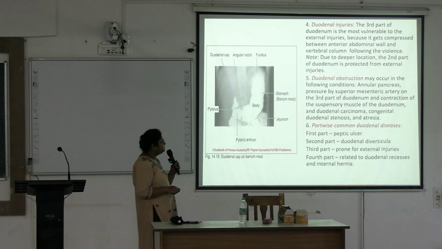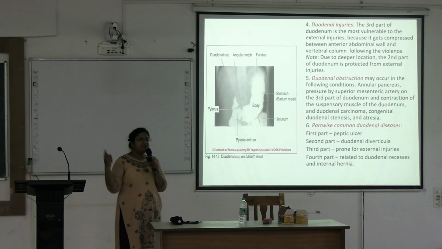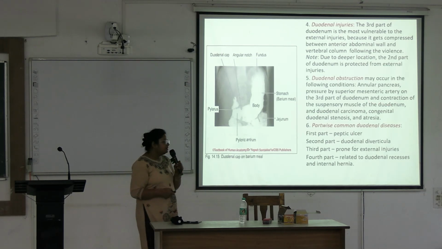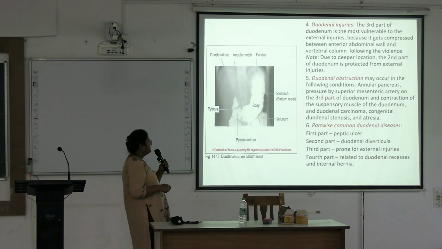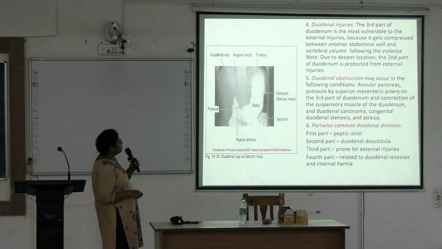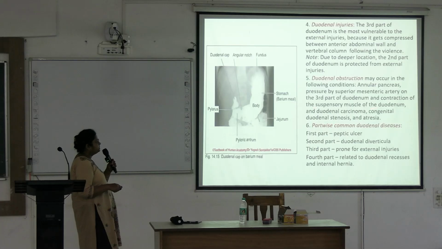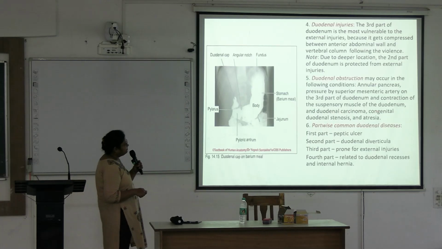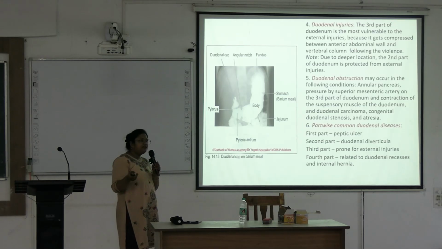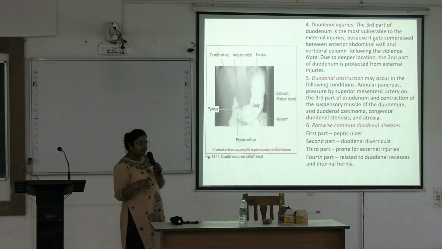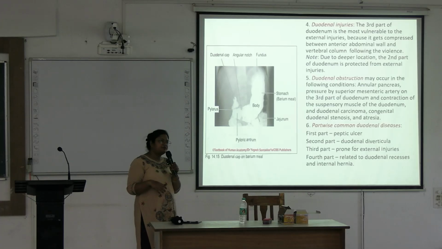Contraction of the suspensory muscle of the duodenum, the ligament of Treitz, can also lead to duodenal obstruction, as can duodenal carcinoma, congenital duodenal stenosis and atresia. These are developmental anomalies. And pancreatic head carcinoma can also lead to duodenal obstruction.